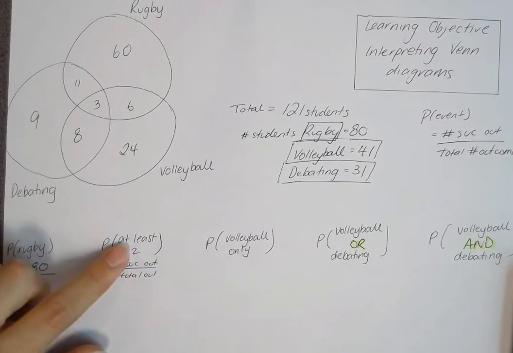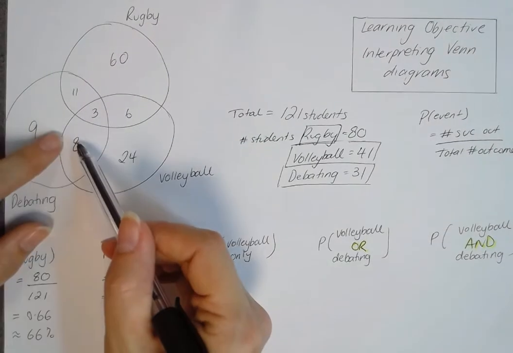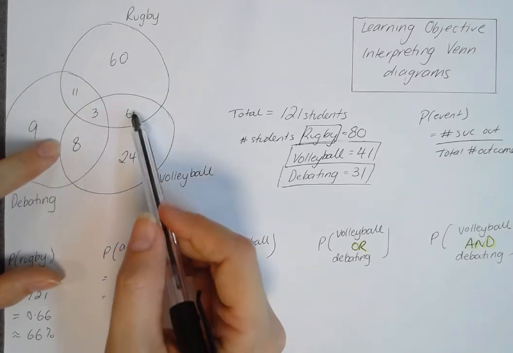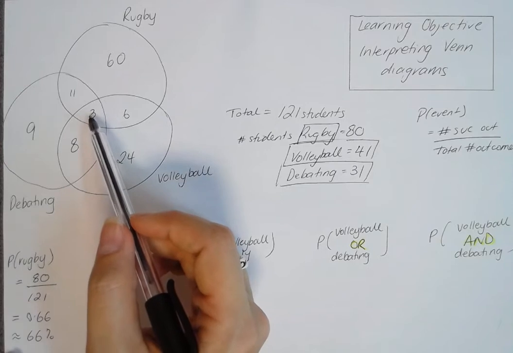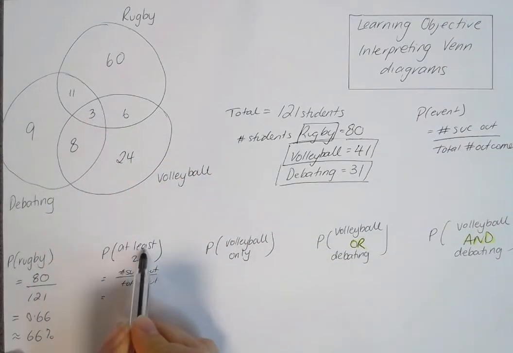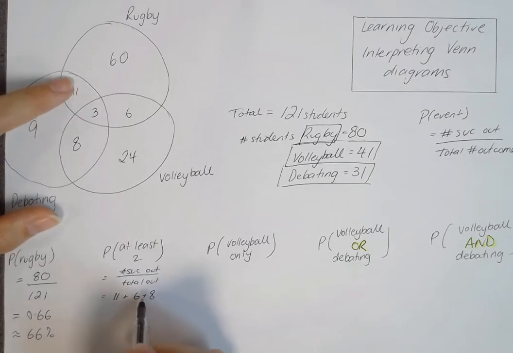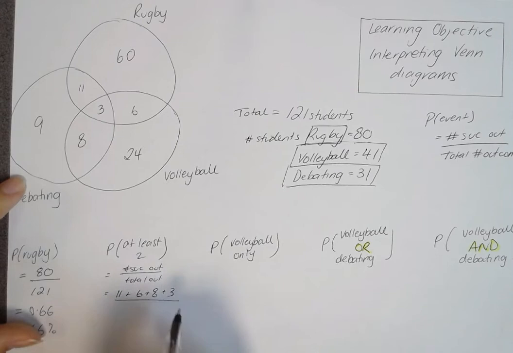Let's have a look. At least 2 of these co-curriculars. Who did at least 2? We've got kids who did 2 here. They did debating and volleyball. We've got kids who did 2 here and here, but these kids also did 2. They did 3, but it says at least 2. So our totals have to be 11 plus 6 plus 8 to get all these kids in this section, and then plus the 3 kids who did all 3.